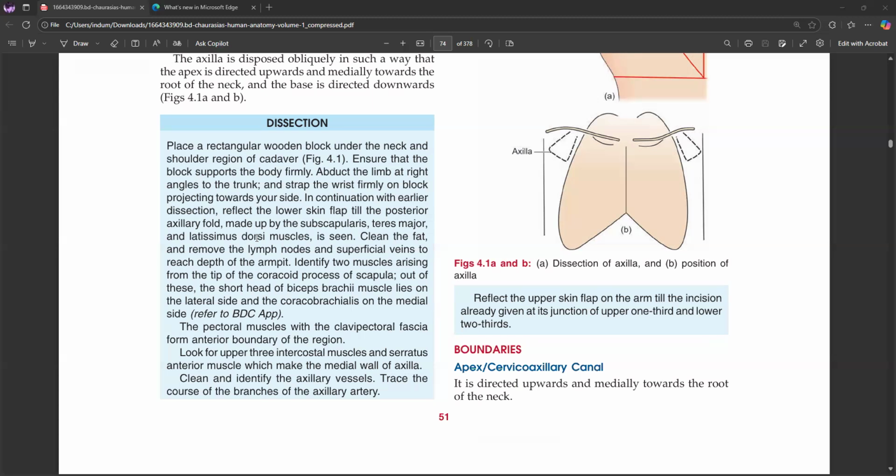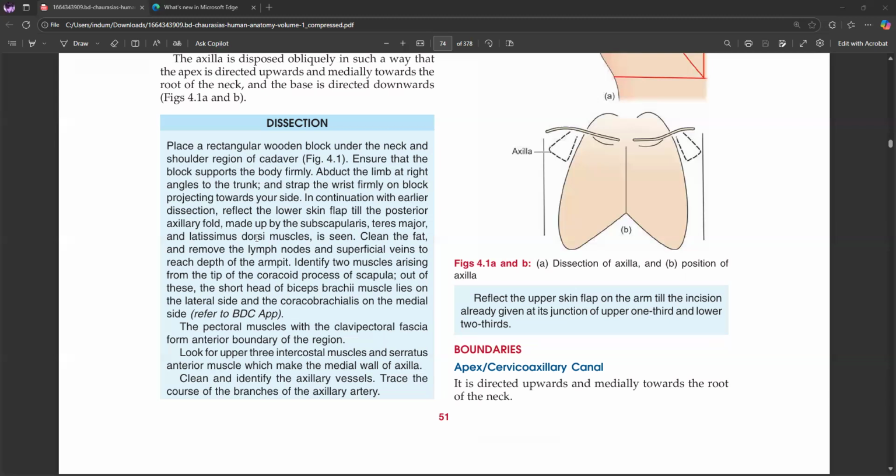In continuation with earlier dissection, reflect the lower skin flap till the posterior axillary fold, made up by the subscapularis, teres major, and latissimus dorsi muscles, is seen. Clean the fat and remove the lymph nodes and superficial veins to reach the depth of the armpit.